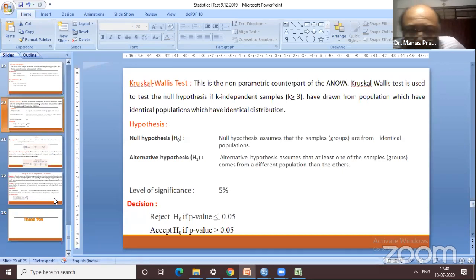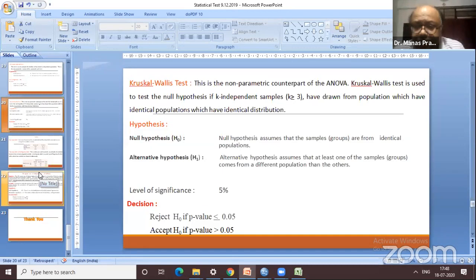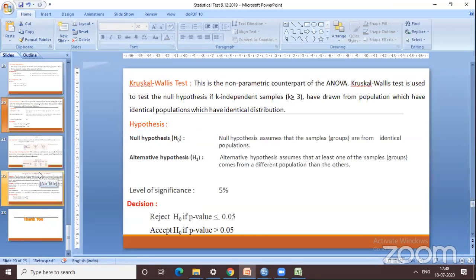Can we close? I think time is over. Participants, if you have any query, you can ask. Sir has discussed at length everything about descriptive statistics.